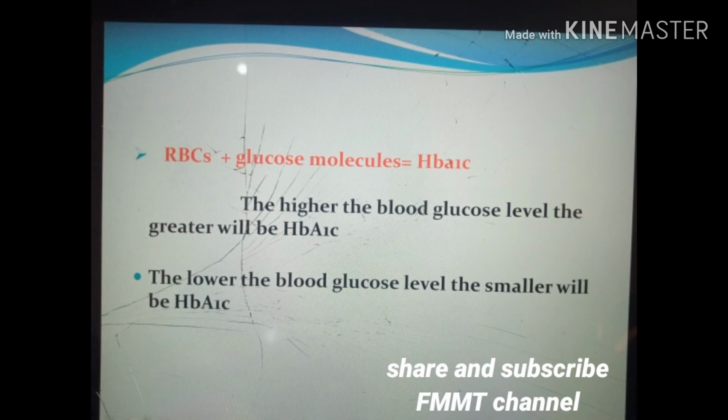Keep in mind that when the blood glucose level is higher, the capacity of Hb protein to bind glucose molecules will be higher, resulting in a higher HbA1c level, okay? But in opposite to that, when the blood glucose level is lower, the capacity of Hb protein to bind glucose molecules will be lower, and resulting there will be low HbA1c in the blood.